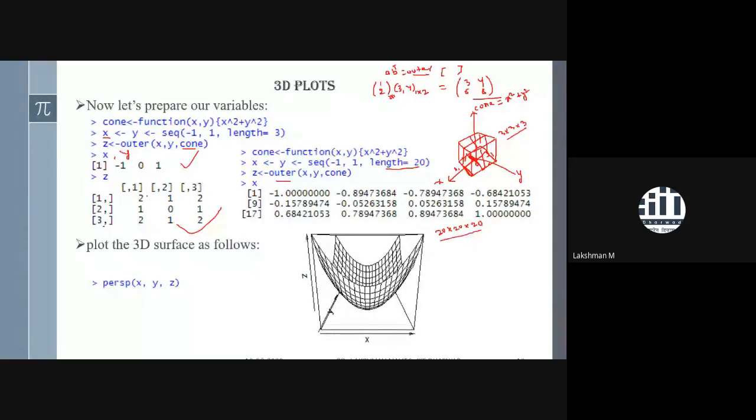Total values, I am talking about the total entries perspective. Now what you do in the cube, you will get this kind of a structure. So use this perspective command with x, y, z. What it will do is join all the points on that cube. So after joining, you will get the structure of your surface.